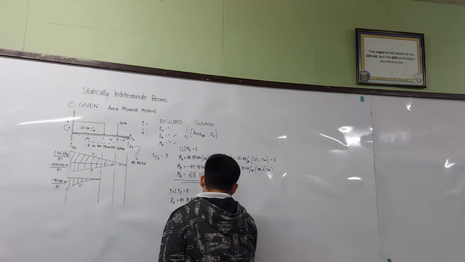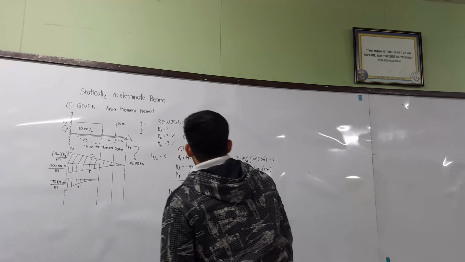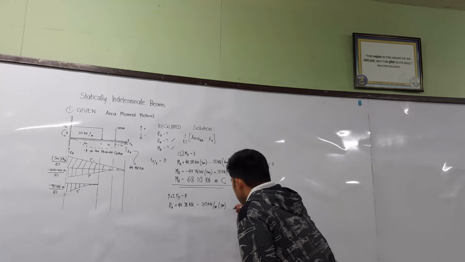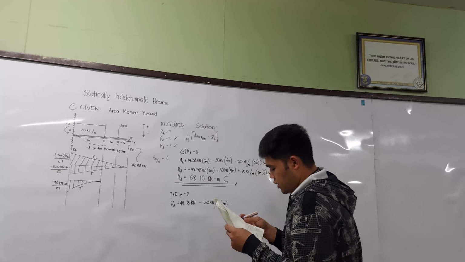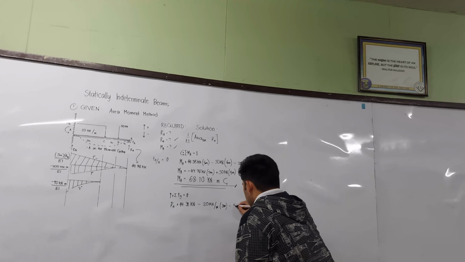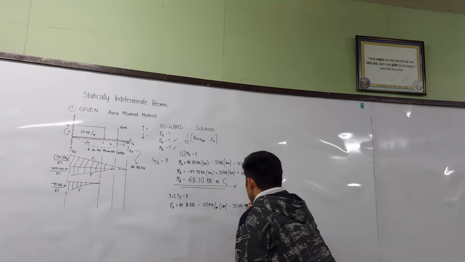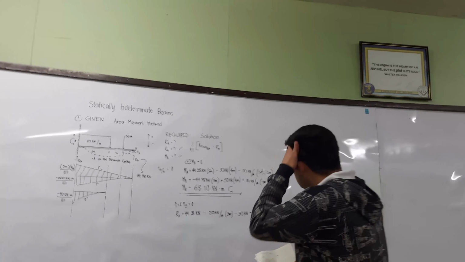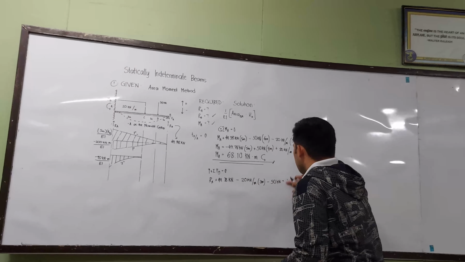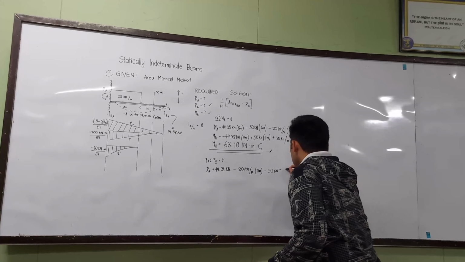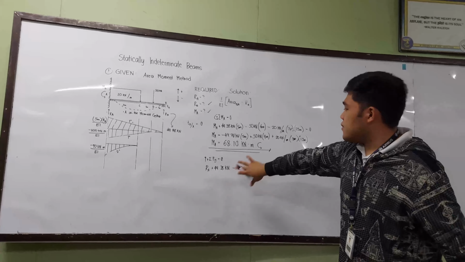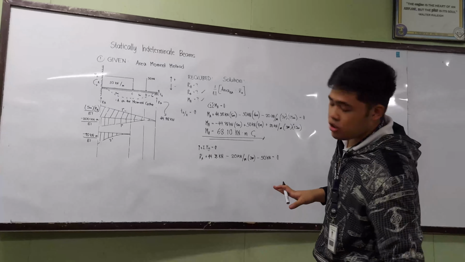So cancel out the unit of meter, right? And also minus 50 kilonewtons since it's going downwards. So 50 kilonewtons equals to 0. So, it's the same as what we did in solving the moment of A. We just transpose these values to isolate the reaction A.